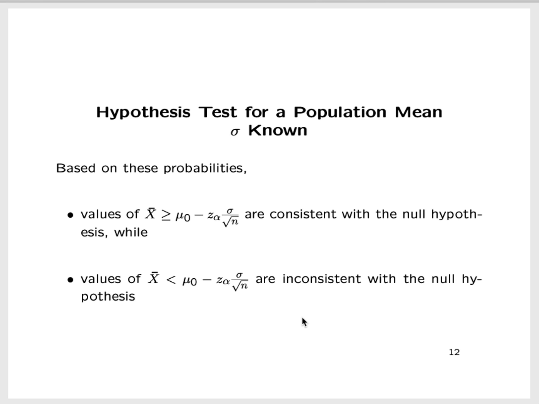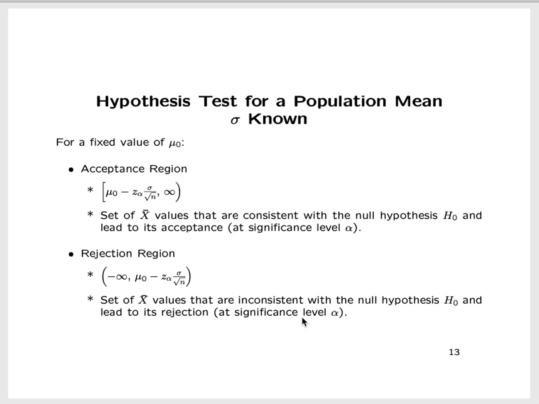And remember, what we're looking for in order to come up with a rejection region is to find the values of the test statistic that are inconsistent with the null hypothesis. And so, therefore, for a fixed value of mu sub 0, the hypothesized value of mu in this test, then the acceptance region, in other words, the set of values of x bar that are consistent with the null hypothesis and therefore would lead to its acceptance at a significance level of alpha, are given by the values in this interval.